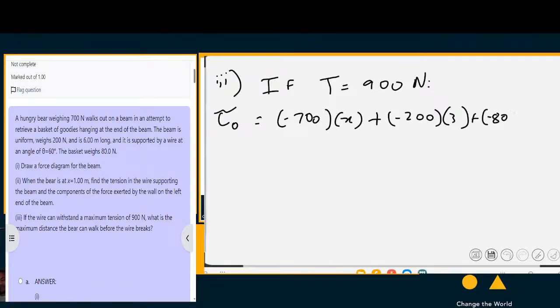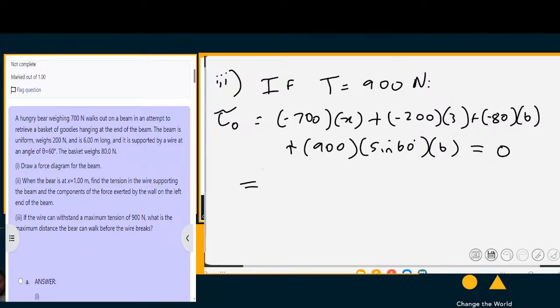I'm taking upwards as positive now. And then positive 900, because the max tension is 900, times the sine of 60, times it's acting at 6 meters. So we need to find out x, and that should all be equal to 0.